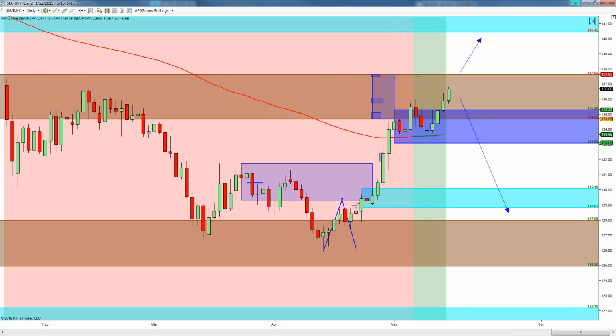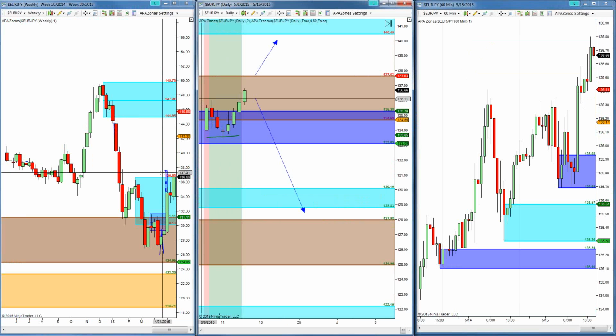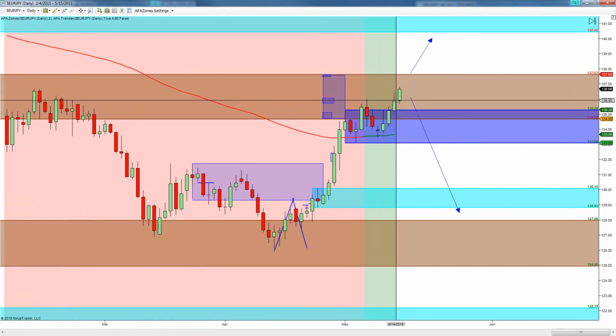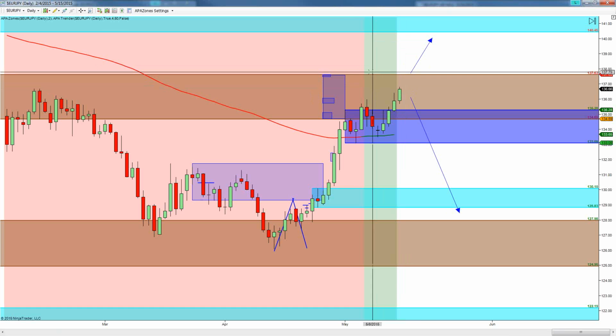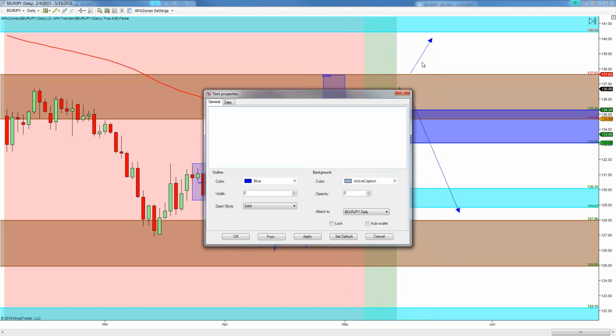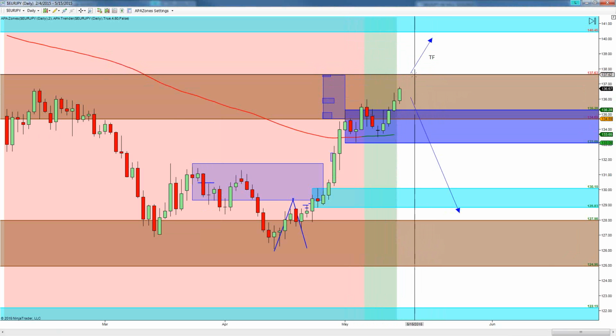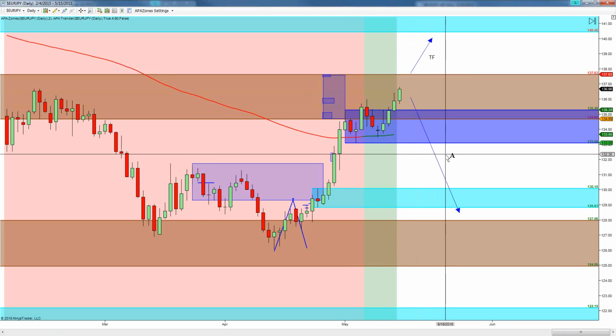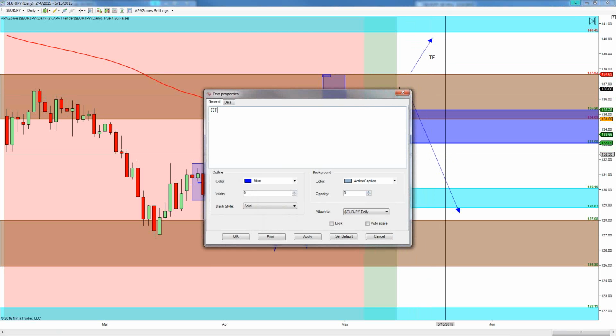Just because I know that this level is on my big weekly chart right here at 68, I'm really waiting to see what happens here. Okay, so technically upside is trend follow, but I want to wait all the way until it clears this brown zone, and then obviously counter trend to the short side.